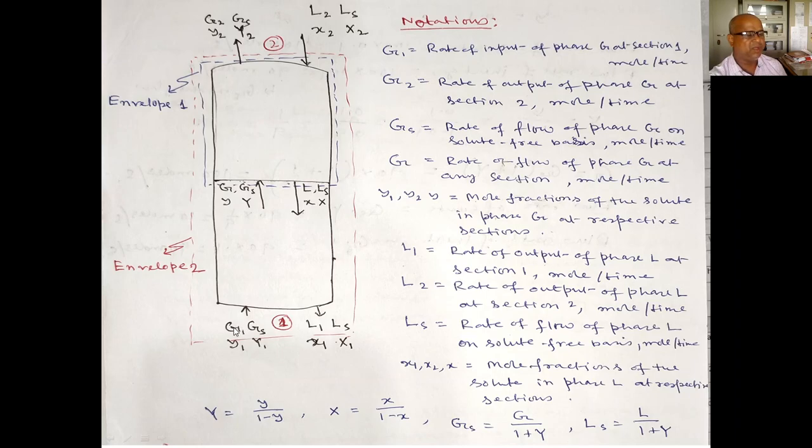Let's take 10% ammonia: if the total is 100 moles, there are 10 moles of ammonia and 90 moles of air. Ammonia is getting absorbed from the G phase to the L phase, so as the gas goes up, the ammonia content will decrease.